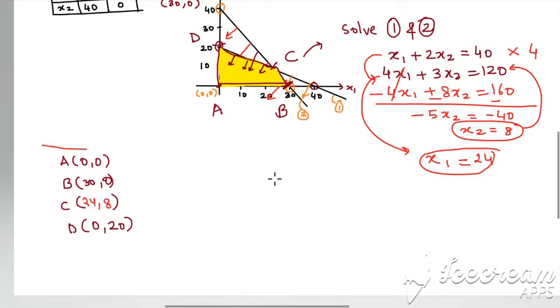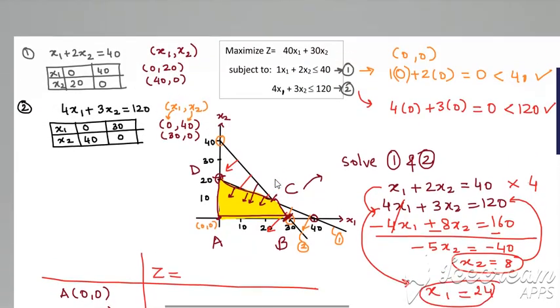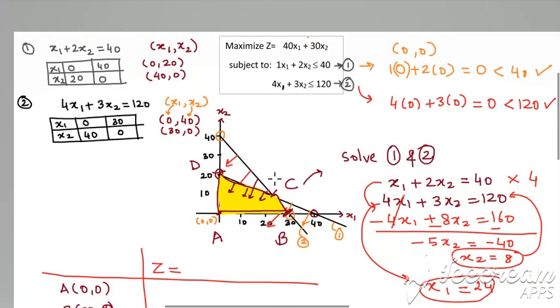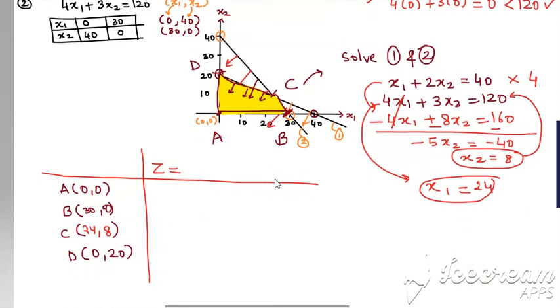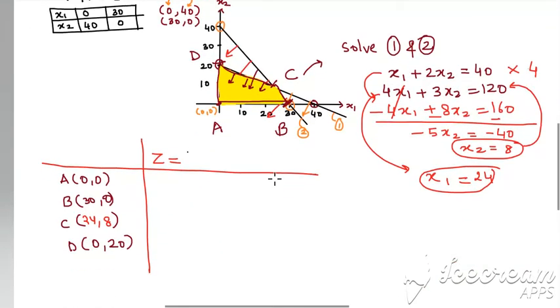Now what we need to do? We need to check the value of z at each of these points. So for that we need the objective function. The objective function is 40x1 plus 30x2.